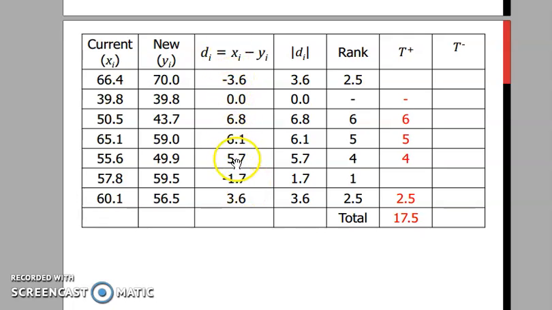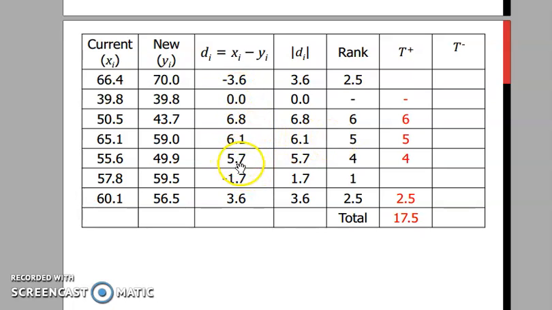It has positive differences and also negative differences, but we just choose the positive ones. This one is already omitted. So we are going to choose this observation, this observation, this observation, and also this observation.